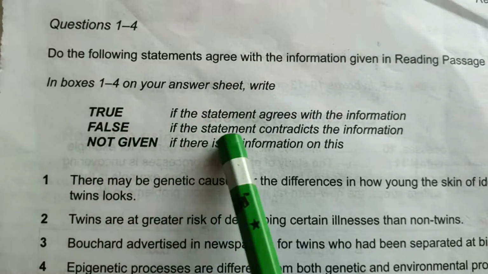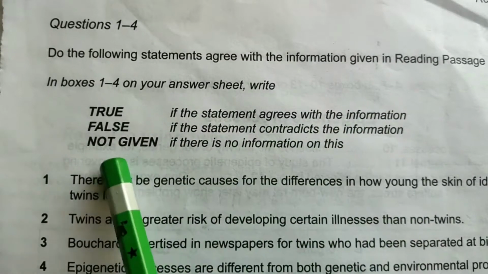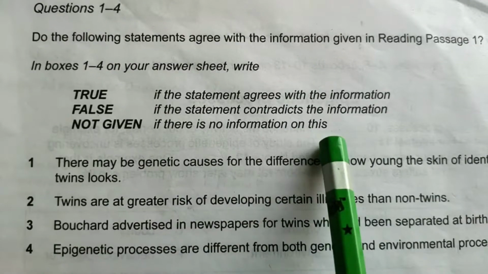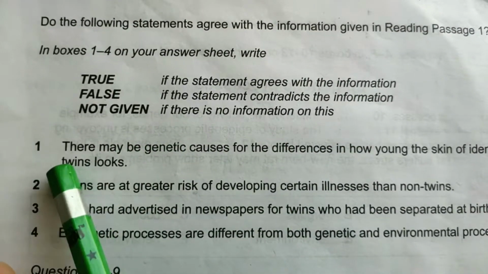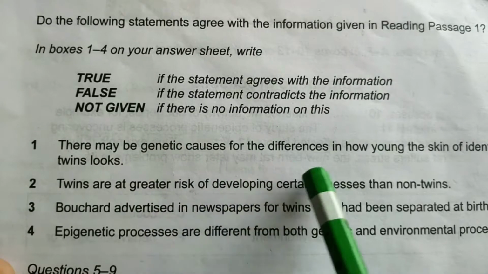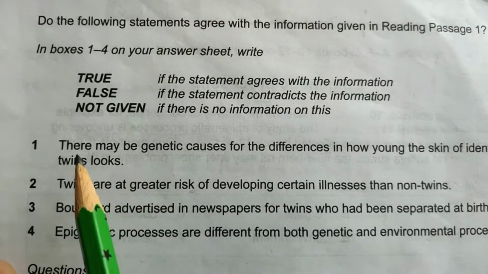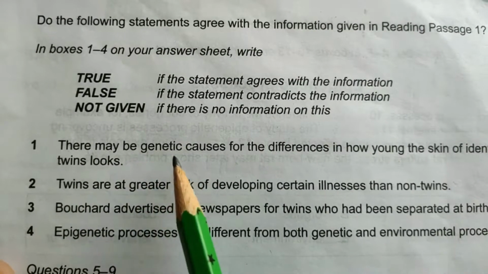True if the statement agrees with the information, false if the statement contradicts the information, not given if there is no information on this. Question number 1: there may be genetic causes for the differences in how young the skin of identical twins looks. So we will find the keywords first.